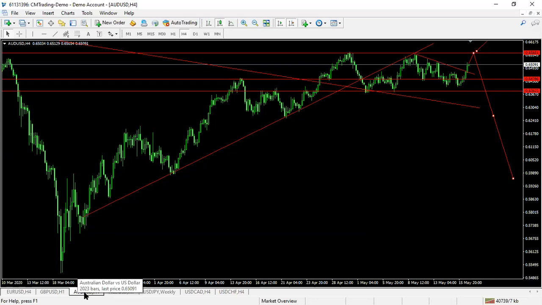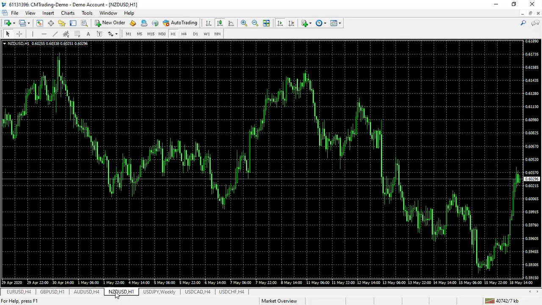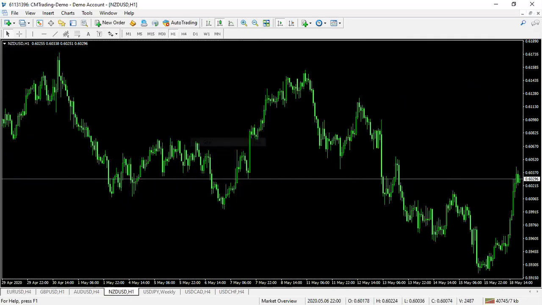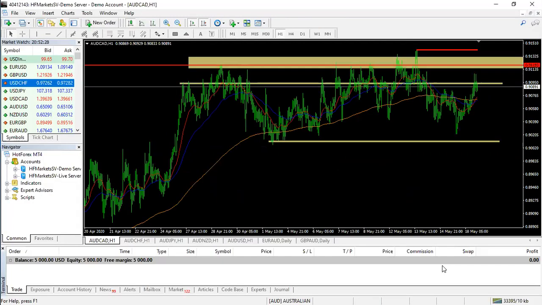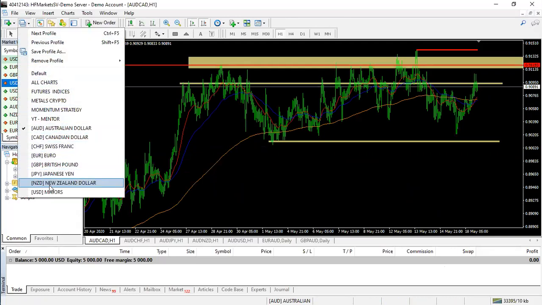The Australian dollar will affect this currency on its own. The New Zealand dollar will affect this currency on its own. Okay? So what we do to trade this is we add something we call the USD index. Okay, let me just do that.